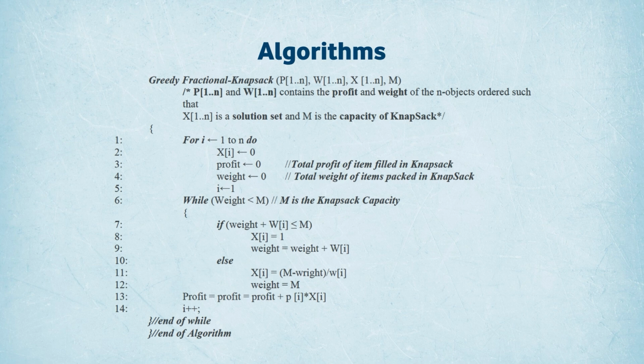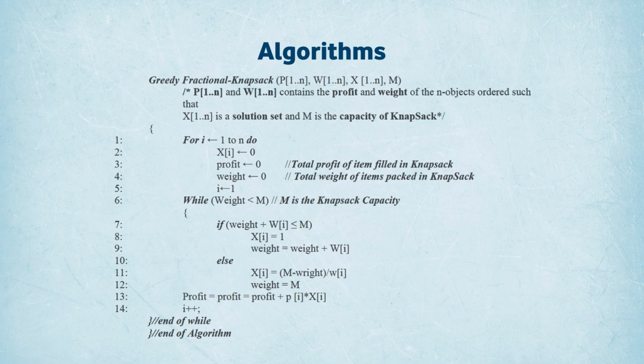Okay, so firstly start with the loop that initializes the variables. The xi variable will be initialized, then profit, then weight. Then start with another loop that runs while the capacity of the knapsack is not reached.